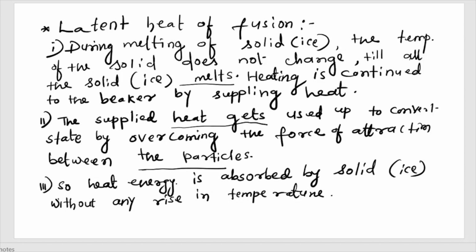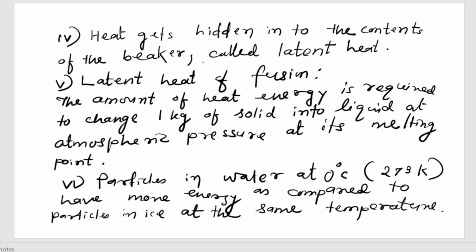You can't say where it is going. It is absorbed by the solid without any rise of temperature, so you can say it is hidden heat energy. It is inside the solid. It is absorbed, and that is called latent heat of fusion. Heat gets hidden.